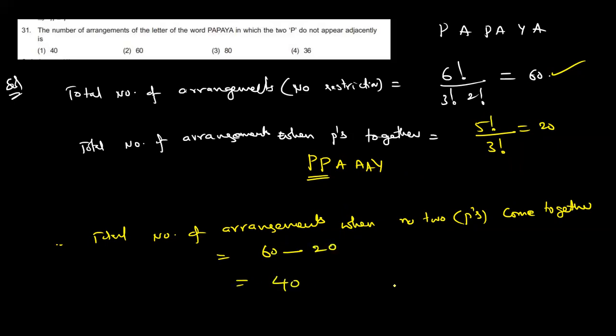So the answer is 40. Option is A. It's very, very important. Two members are responding option B, two members option A. So please be careful with this one and try to avoid confusion, okay?